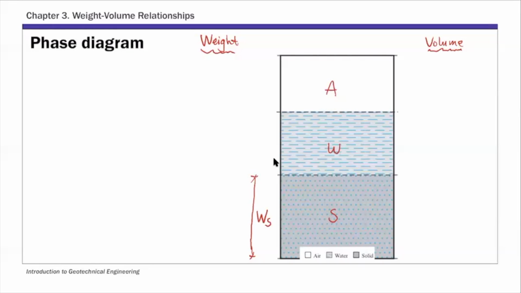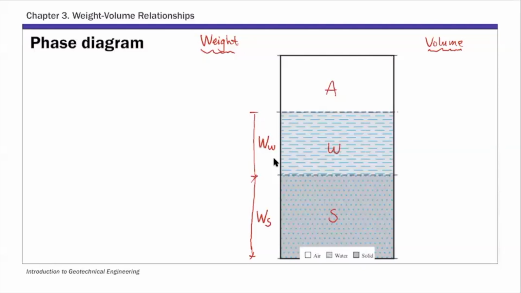And then for water, we call this W subscript W. That's the weight of water. And then we ignore the weight of air because the weight of air is so small compared to the other two phases. So on the phase diagram, we don't consider the weight of air.